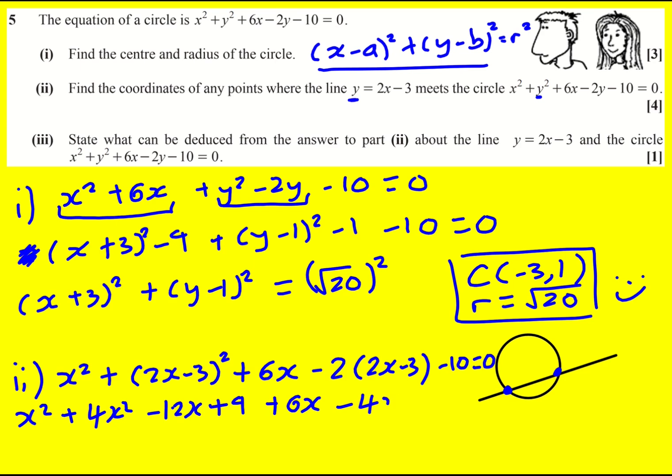Okay, just do it carefully. Okay, good, keep going. 5x squared, collecting the x squared terms, and then I've got minus 2x minus 14x, and then 9 and 6, oh, and minus 10, so that's going to be minus 1 plus 5.